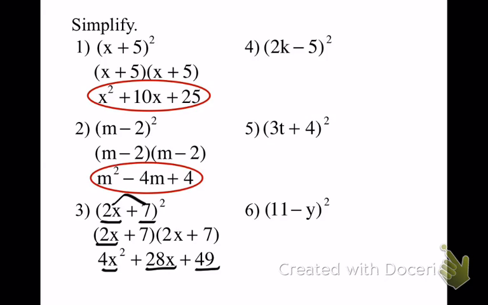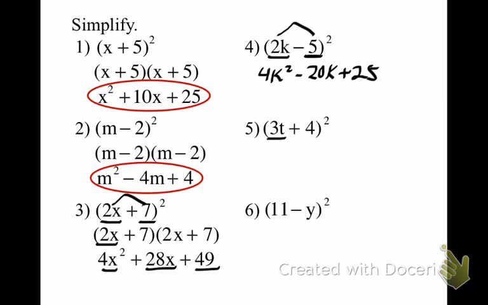Now check your work. If I square 2k, it's 4k squared. If I square negative 5, it's 25. Multiply both of them together, I get 2k times negative 5 is negative 10k, times 2 is negative 20k. Now remember, when I multiplied that negative 5 times negative 5, it's a positive 25.